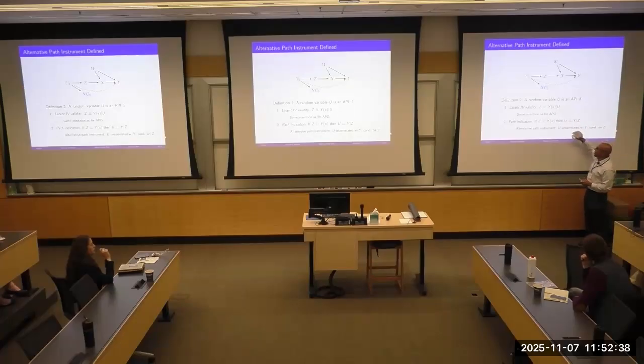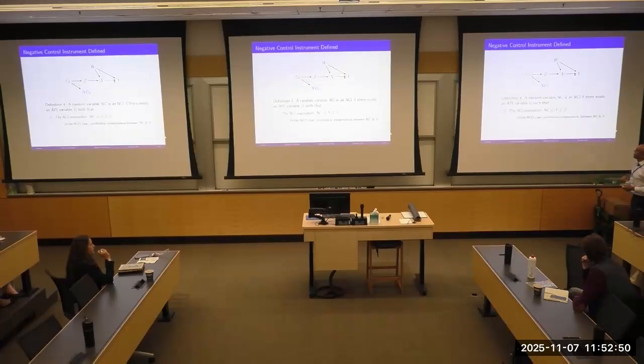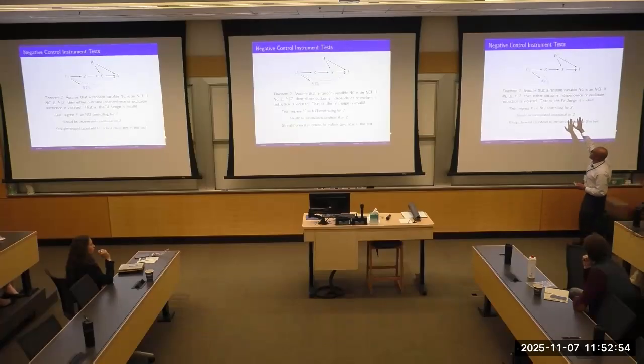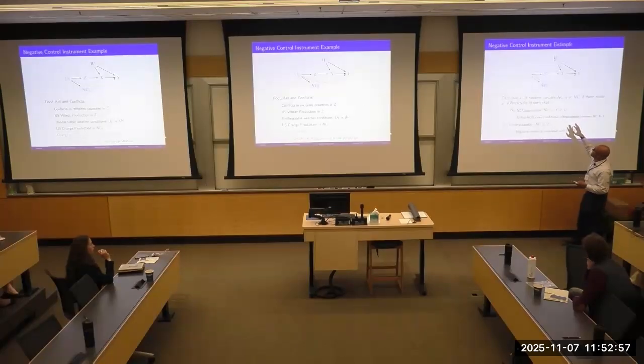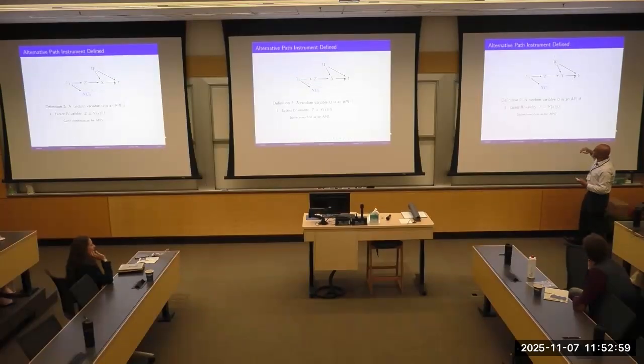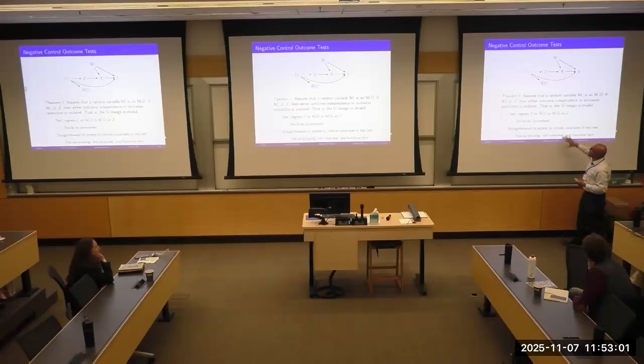And so the big thing about this approach is that the unobservable should not be correlated with Y once you condition on the instrument Z. The difference is that in the previous case, you want to see if there's a problem with regressing Z on the negative control outcome here, right?